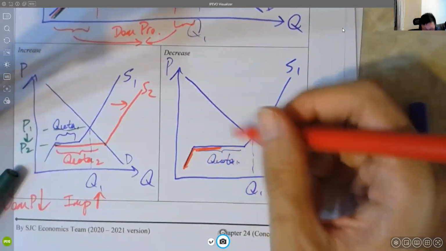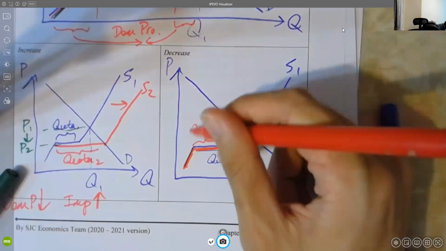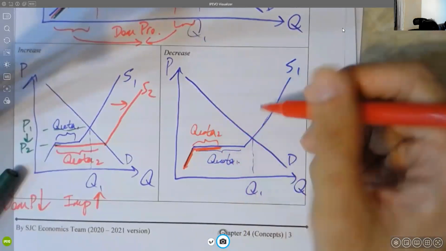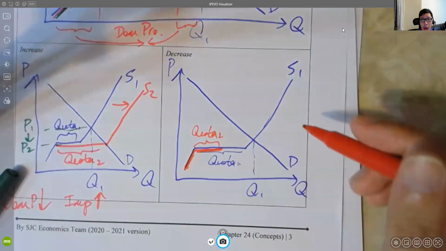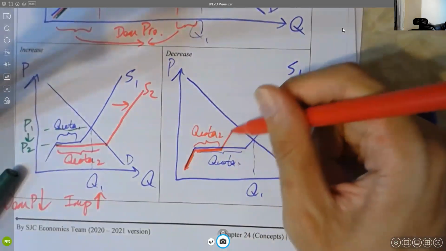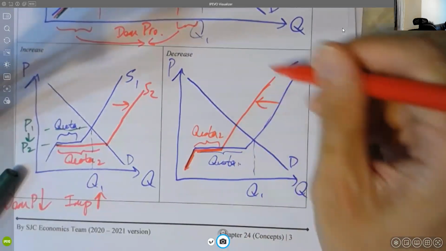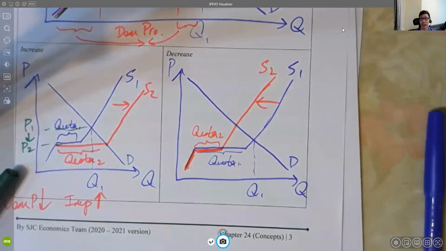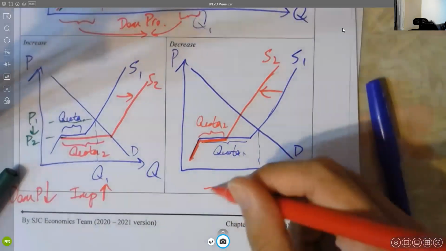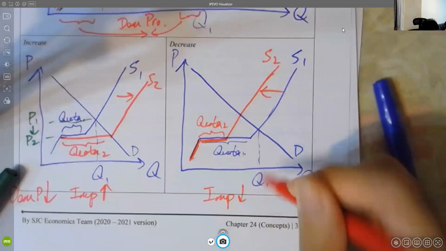Only give you this much. This is our quota 2. Then you need to resort to our local market quickly. So it shifts to left. So you will see that import definitely would drop.